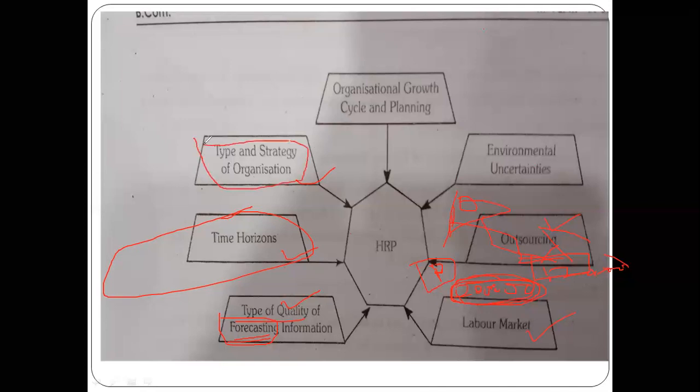First of all, you have to see whether the organization is in the manufacturing sector, that is the production sector, or the service sector. The production sector plays a vital role. Similarly, the service sector also plays a vital role in society. With reference to type and strategy of organization, manufacturing organizations have to deal with a lot of uncertainties in the market.